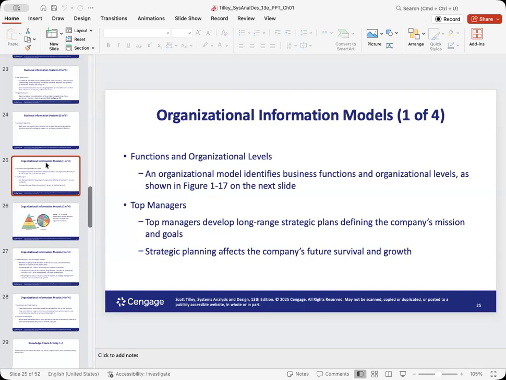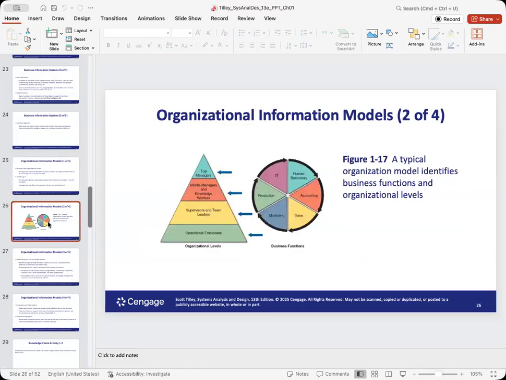Organizational level. So we have top managers who are the topmost level within the organization. We have the middle managers, and then we also have supervisors and operational employees.